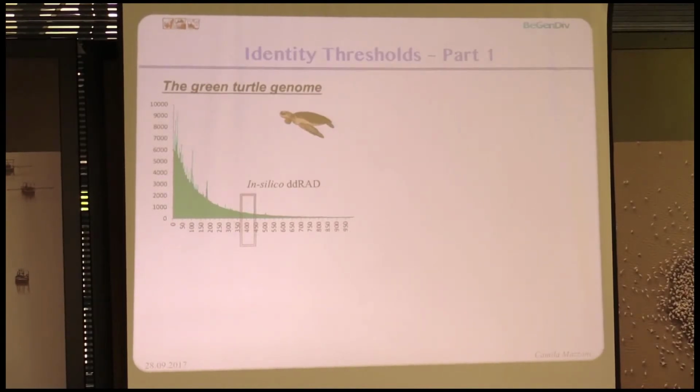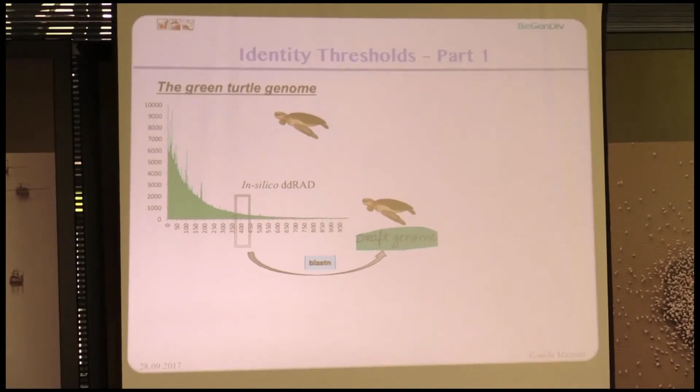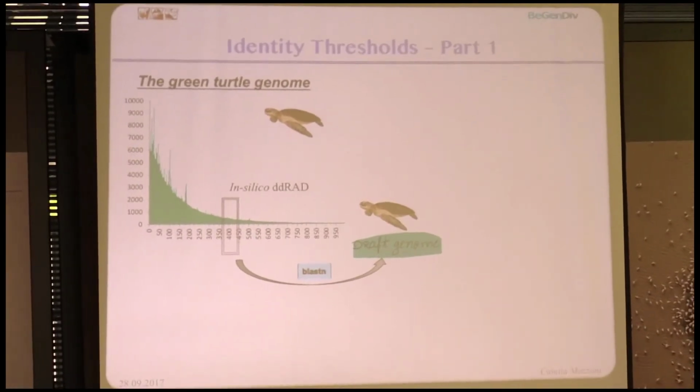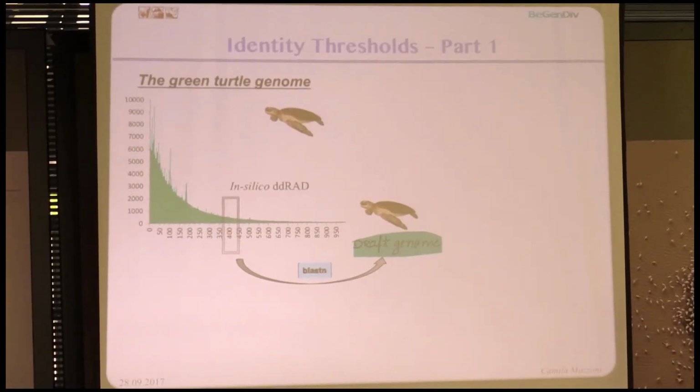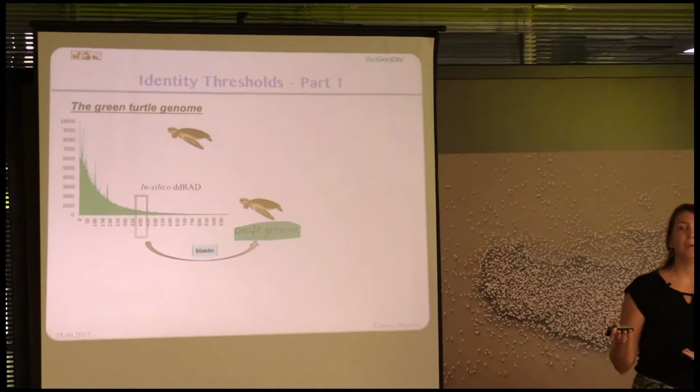So we have this region of the ddRAD. To identify the threshold, we thought, we are going to get the in silico results, and we're going to compare them to the genome and see, what are my paralogs? What do they look like?